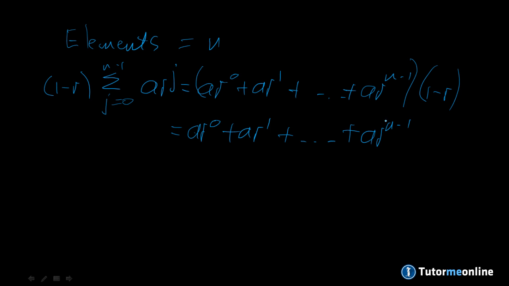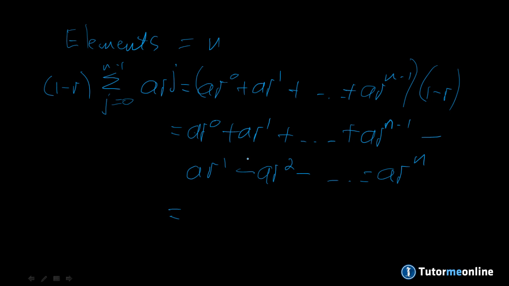Then the second term is given by multiplying minus r with all these terms, so it's easy to write down. So it's minus ar to the power of 1, because we multiply by r, minus ar squared, minus, until we reach, minus ar to the power of n.